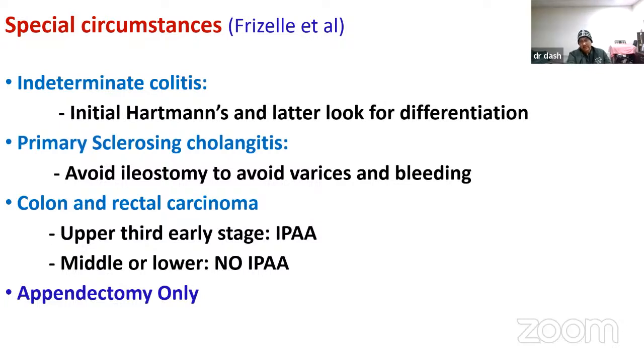Now, this is again under study because the follow-up of these patients is yet to come. So whether or not appendectomy only will be able to help, if I go by the trial, it looks quite promising.